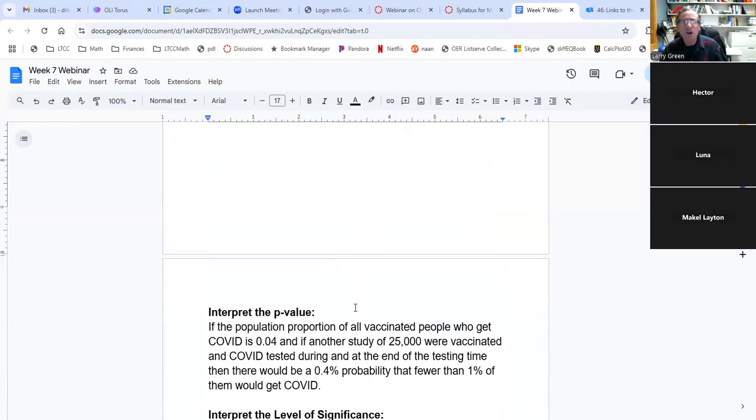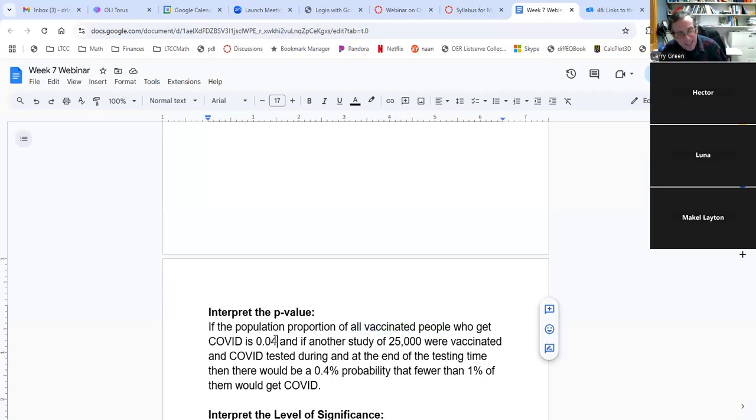So now let's interpret the p-value. Okay. So if the population proportion of all vaccinated people who get COVID is 0.04. Notice this is all vaccinated people, not just the ones that got tested. Okay, not the ones that were in that trial, but everyone who could ever get vaccinated.